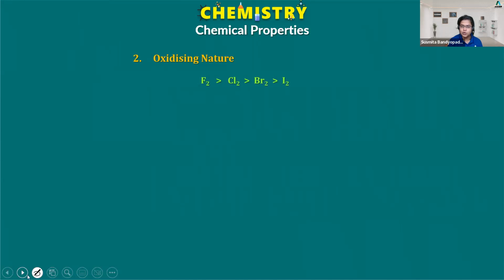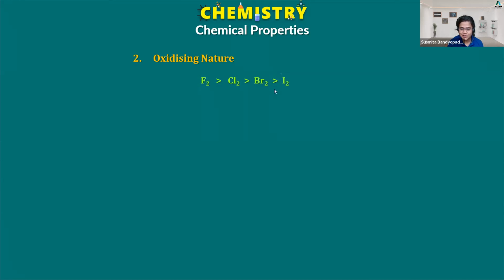Oxidizing nature, no doubt, fluorine is the strongest oxidizing agent. Does it mean I2 can act as a good reducing agent? How reducing agent? It will be a weak oxidizing agent. Just trying to confuse you, but I saw the time and thought there's no more time; we'll discuss these things after P block.